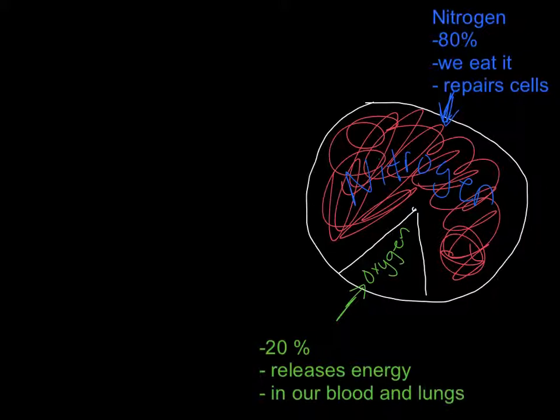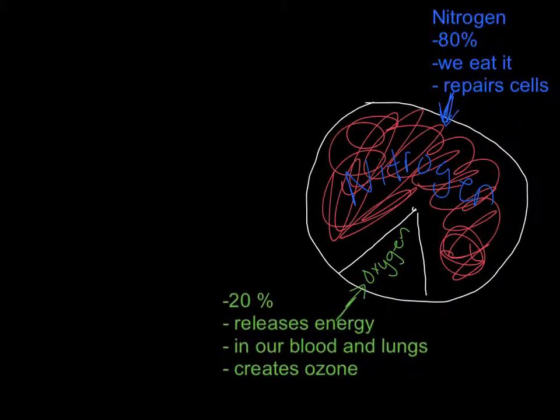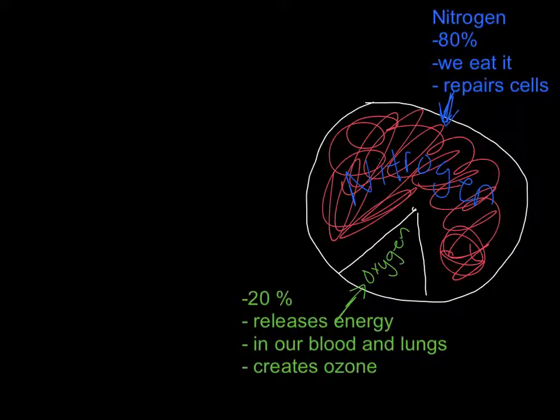And it creates ozone in our atmosphere. And ozone's important because it helps protect us from UV rays. So those are the important things about oxygen. And again, this is a pie chart of our air.